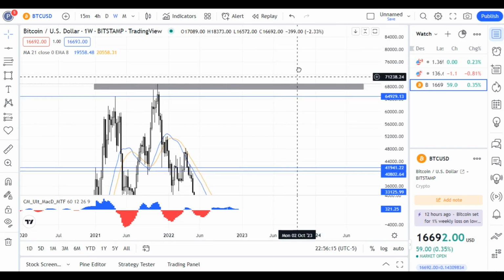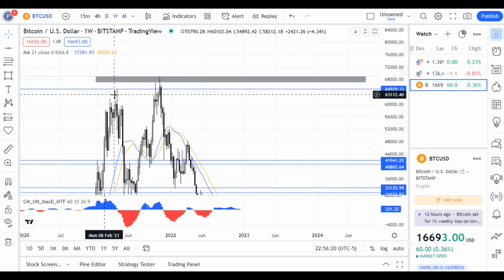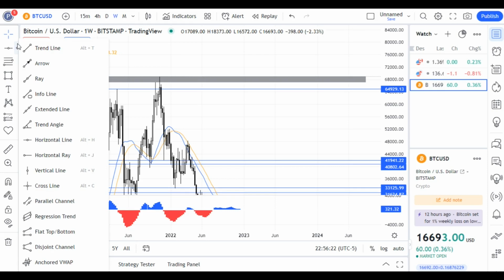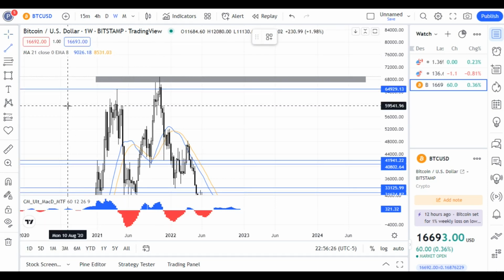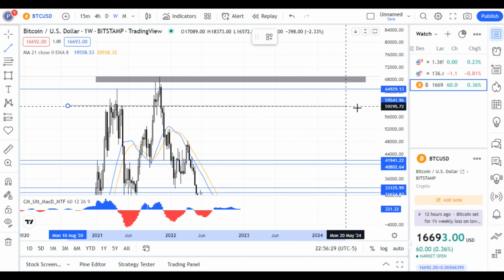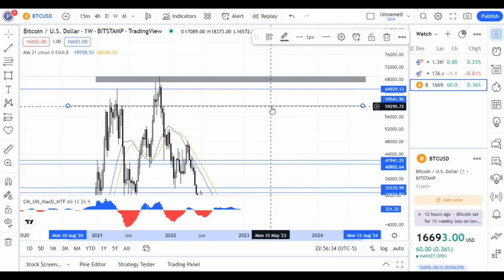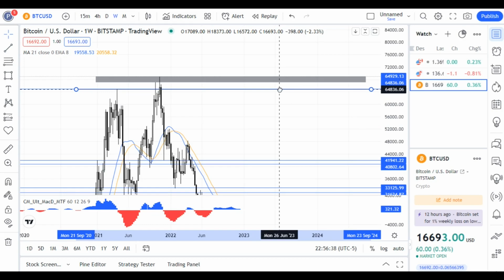So for our second level, you can see it's a single level, it's not a zone. So we normally use the trend line tool in our tool section, and we can draw a horizontal line. Instead of using this long blue line, you rather use a horizontal line.